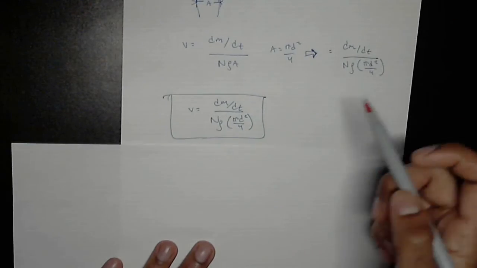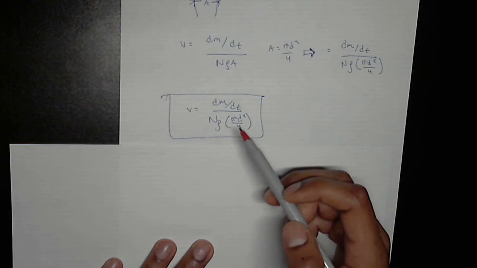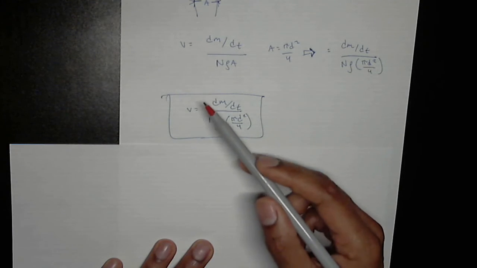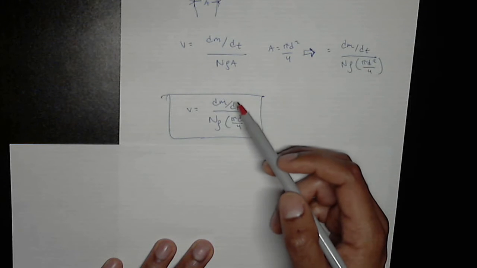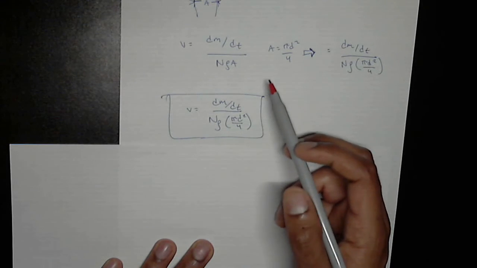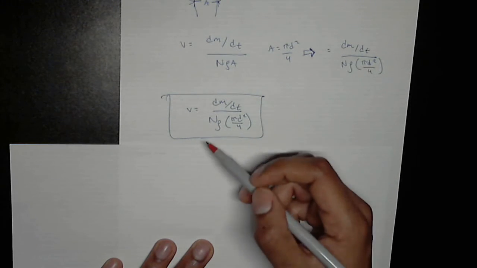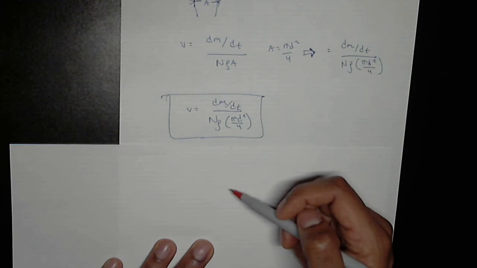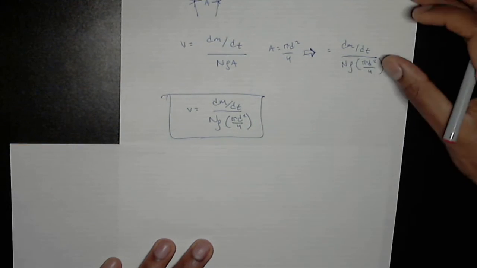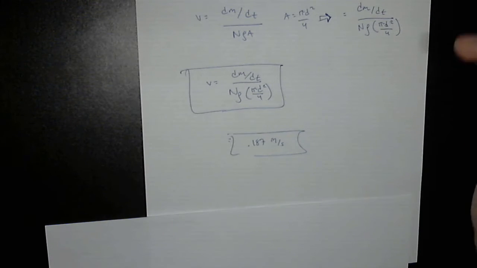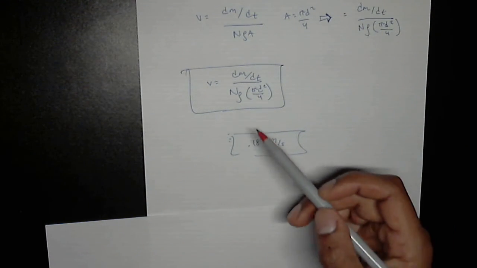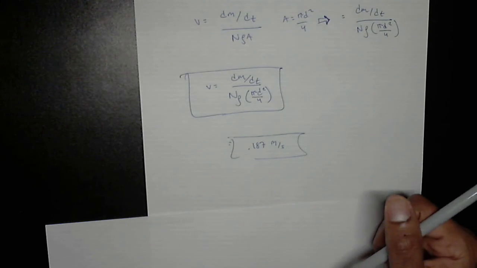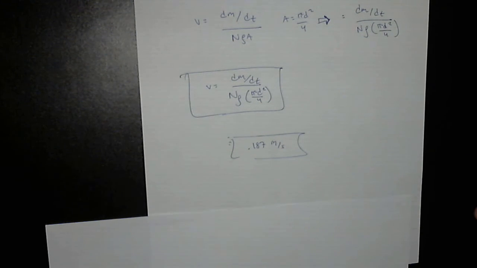So this is an answer, and we know it's an answer because we have what we were looking for, v_sap, written in terms of only known variables. dm/dt is known and given in the problem, and the rest of these are as well. So this is the answer in symbolic form. If you plug in the numbers given in the problem, you should get 0.187 meters per second.